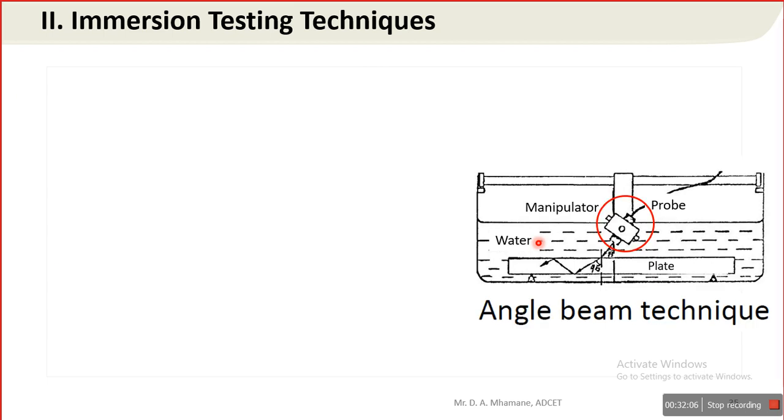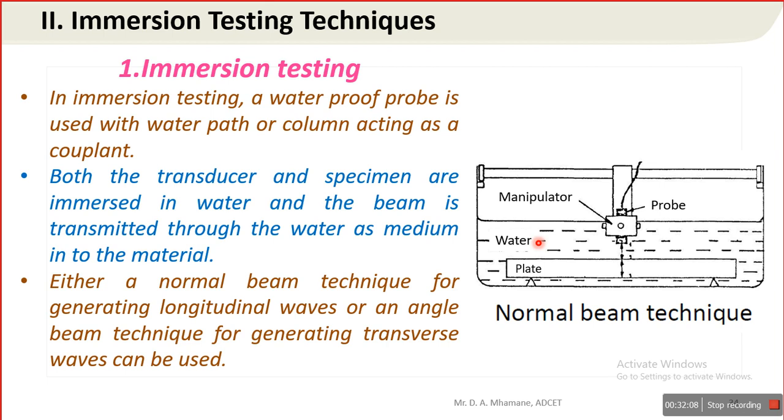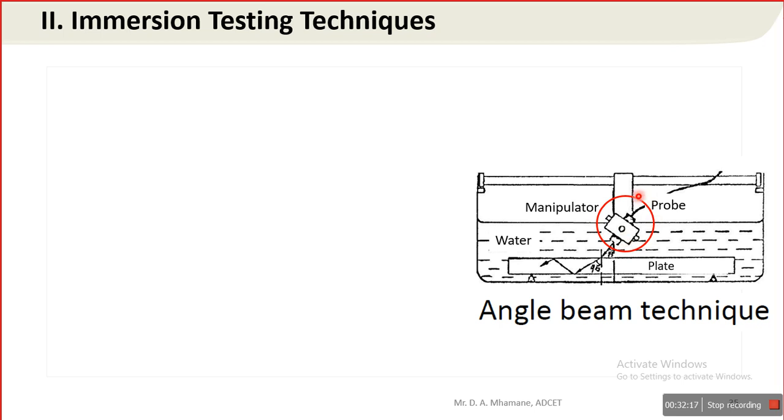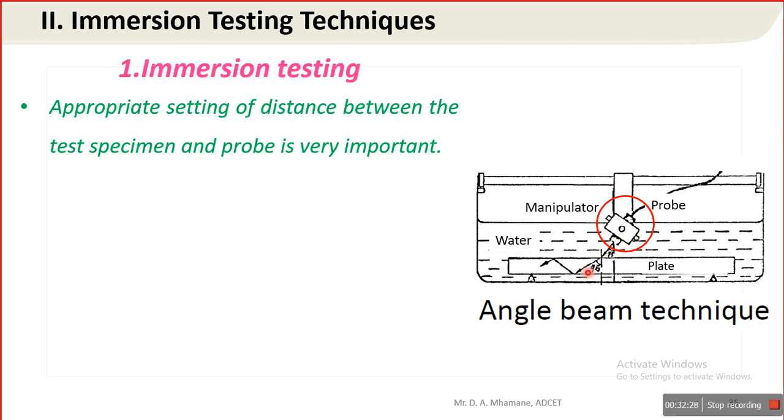So see this figure. If you differentiate these two figures, in this case the probe is exactly parallel to the surface, and in this case it is inclined. So due to this inclination, longitudinal waves pass into the material at a predefined angle. So appropriate setting of the distance between the test specimen and probe is very important. To get a better evaluation of the component, the distance between this probe and the plate needs special care while adjusting.